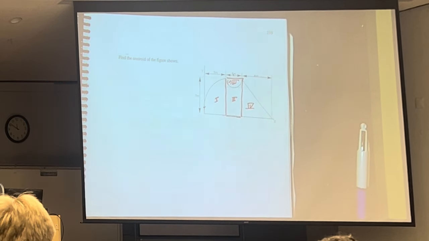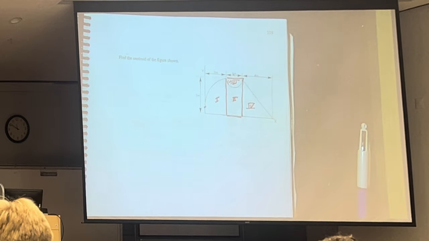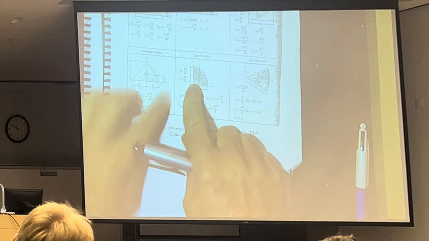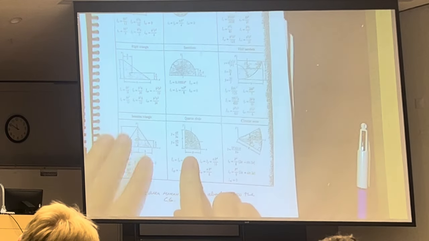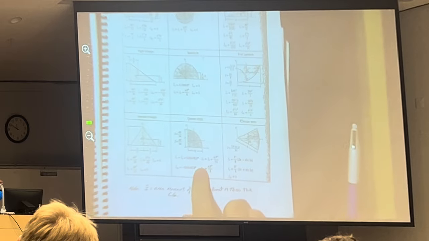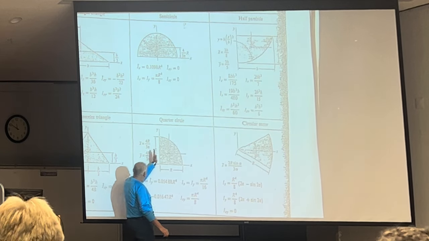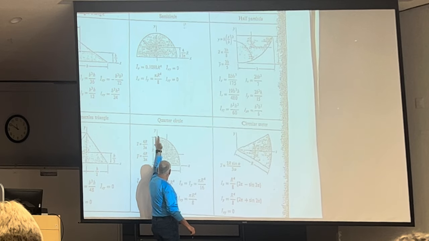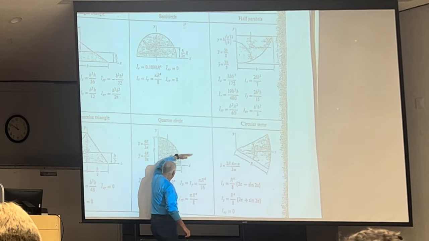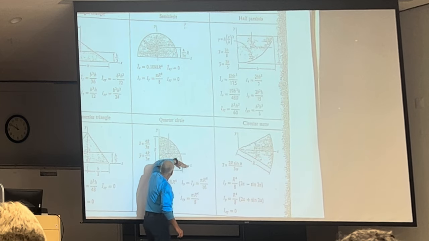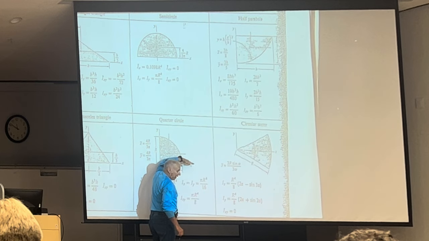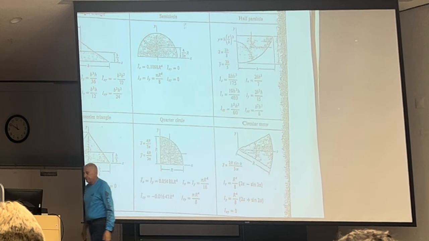Well, if you look at that sheet for a quarter circle, notice it tells you, I'm going to blow it up so you can think. It's telling you, hey, the x bar from the straight edge over is 4r/3 pi. From the straight edge up is 4r/3 pi.